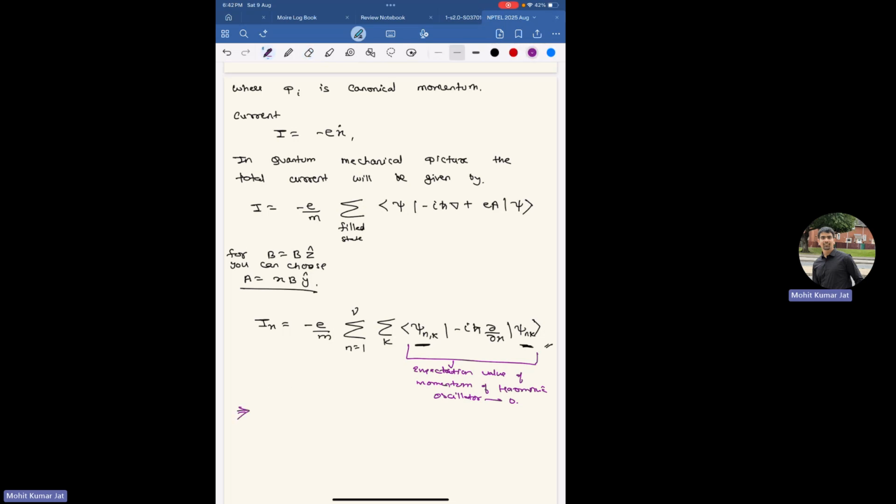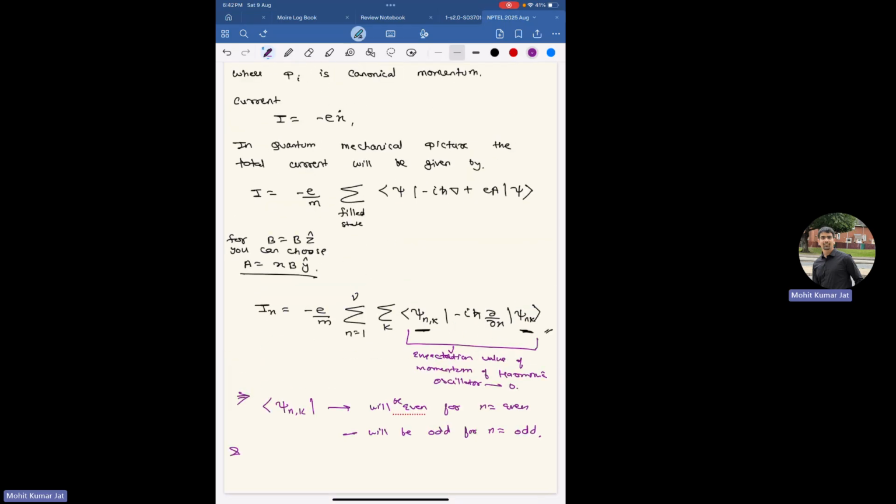The way to understand is that psi nk will be an even function for n even, and will be odd for n odd.